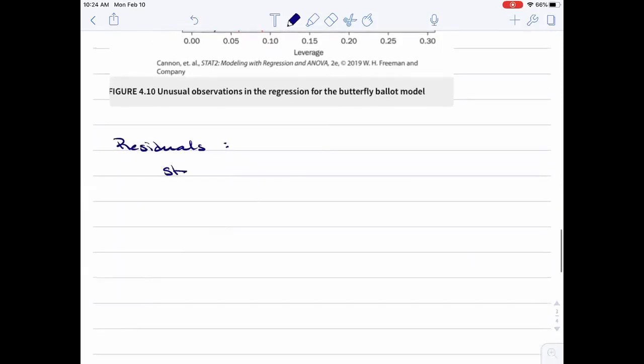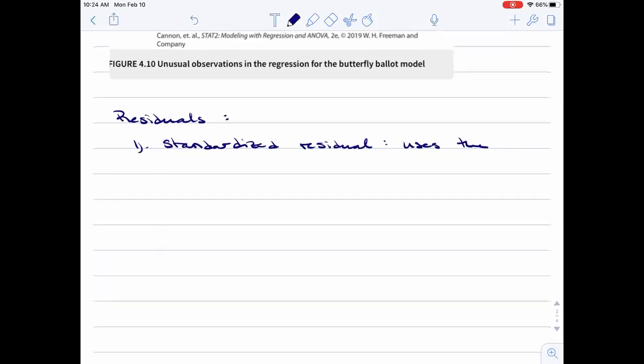So number 1 is a standardized residual, and it uses the regression standard deviation, so essentially the overall spread of all these residuals, whereas the second one, the studentized residuals, uses the same standard deviation, right, but with that point removed.